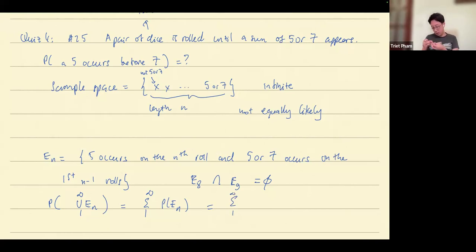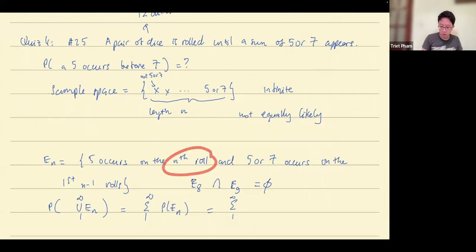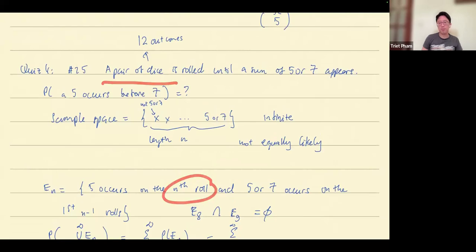All right, so the En sits in what kind of sample space? How many possibilities are there for us to do n rolls of a pair of dice?